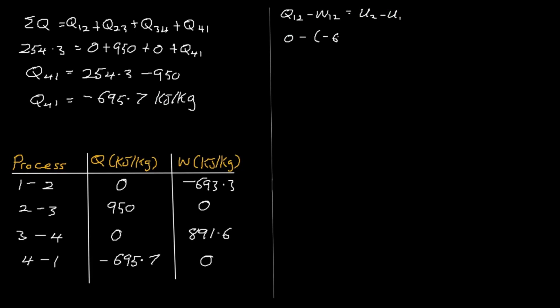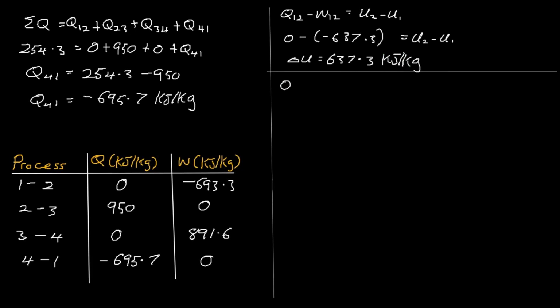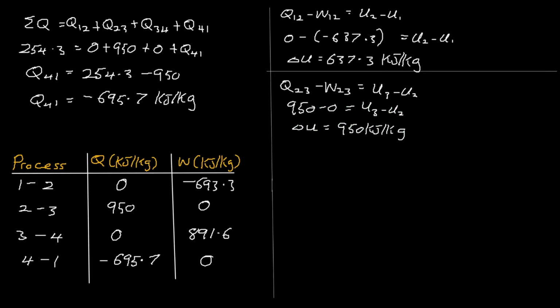So substituting the values for the heat and the work, we obtain the change in internal energy to be 637.3 kilojoules per kg. And we do the same thing for the other processes. So for process 2 to 3, Q23 minus W23 equals U3 minus U2. And we obtain the change in internal energy as 950 kilojoules per kg.